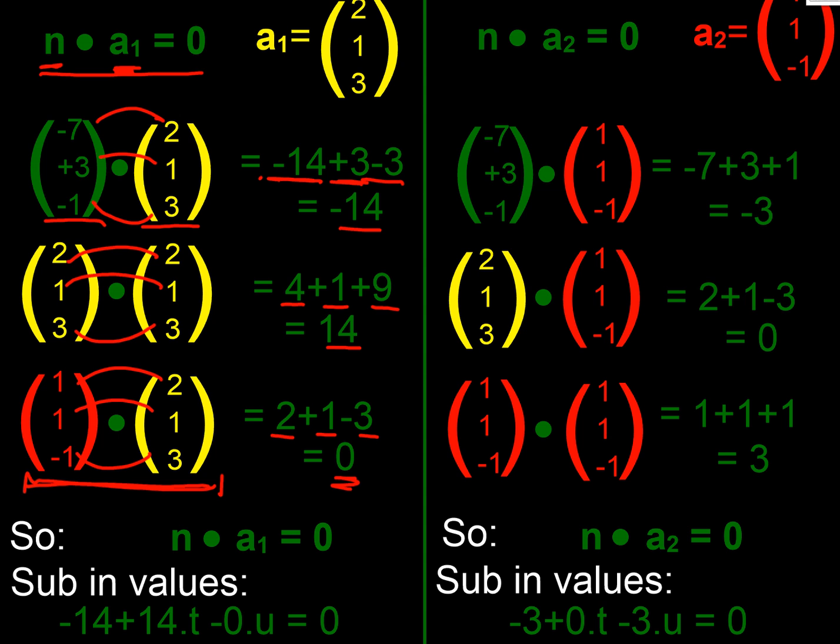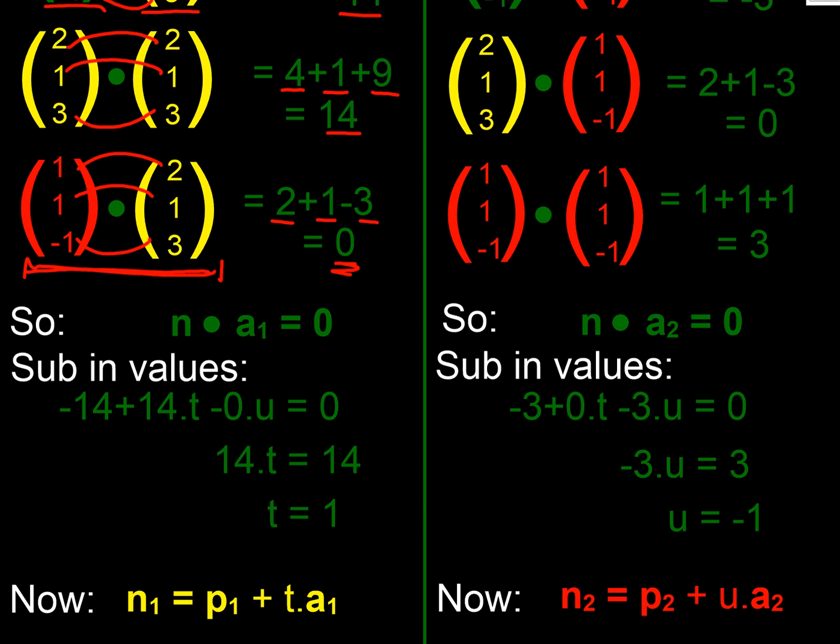And then I can substitute those values into our formula for n dot A1 equals 0. So there's our constant, minus 14, then we've got 14 lots of t, and we've got 0 lots of u, and that must equal 0. So tidying that up, I've got 14t equals 14, therefore t equals 1.